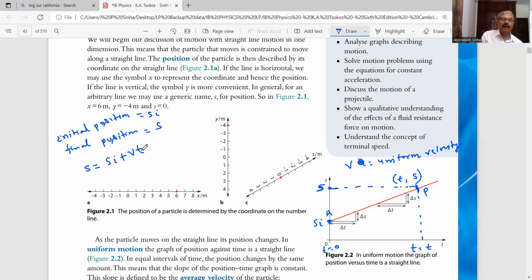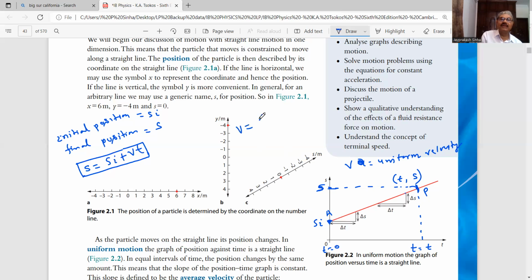Correct? Or how do we find it? See here. We know that in a displacement time graph or in a position time graph, the gradient of the line, gradient means slope. So gradient of the line is equal to v. What is v?